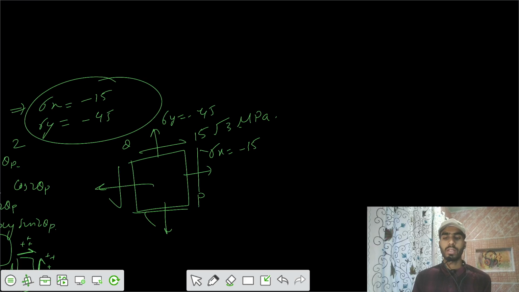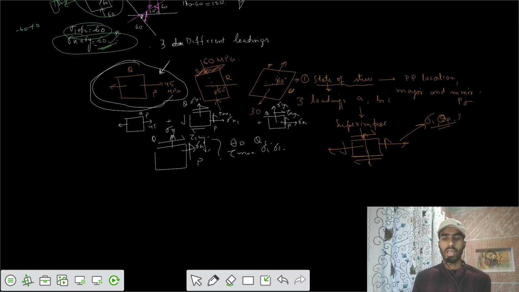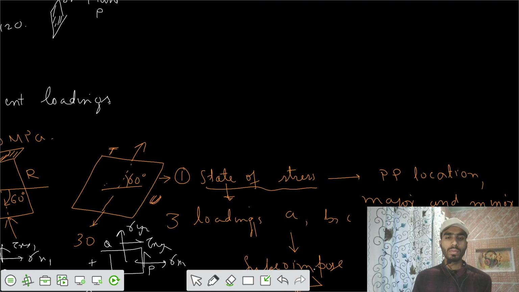Now our next case is case C, because of loading C. So we have to transform this state also. Let's say this is the line of action of stress, and this is the transformed plane.